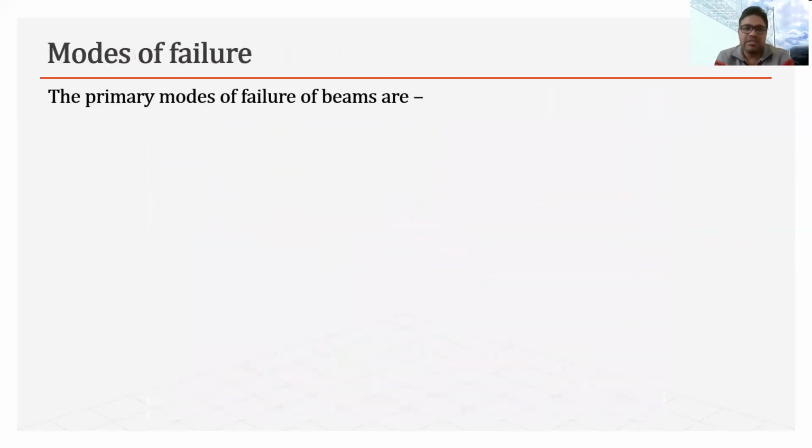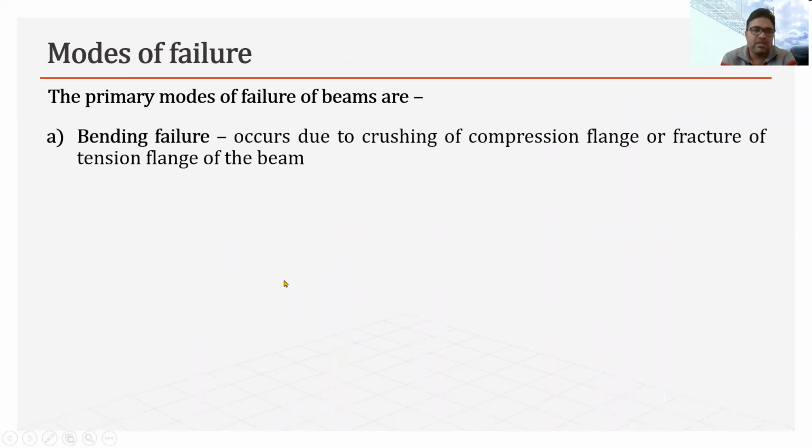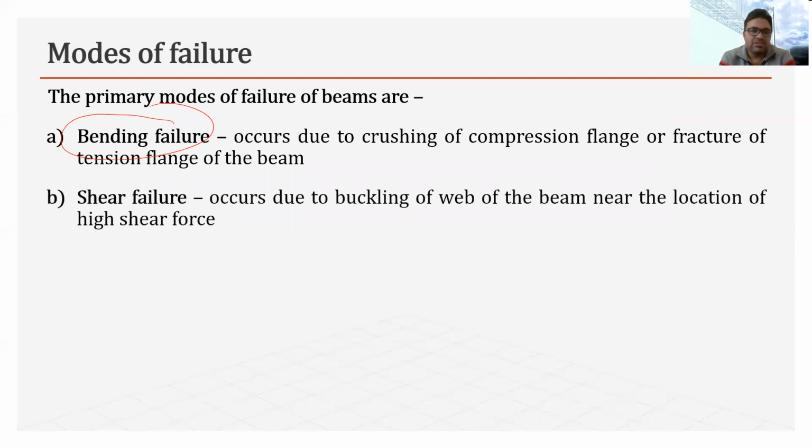Now we will discuss the modes of failure. Ideally, the main modes of failure of a beam can be bending failure, that is the common failure of the beam. Second is the shear failure.